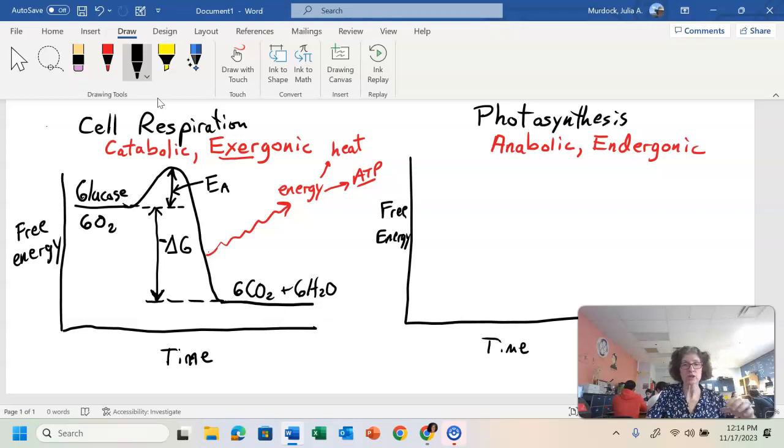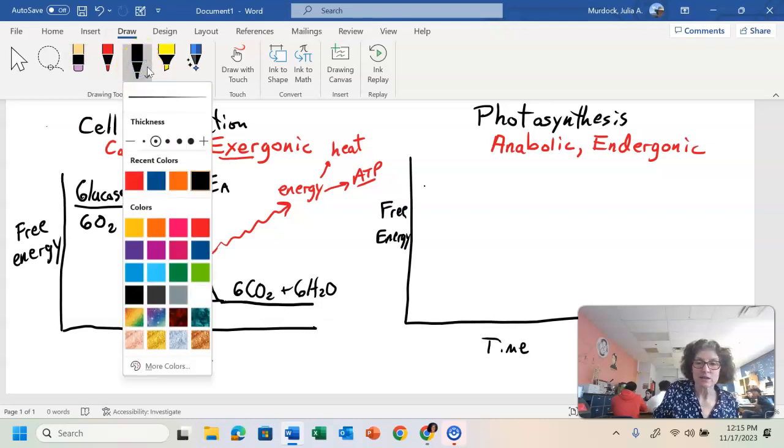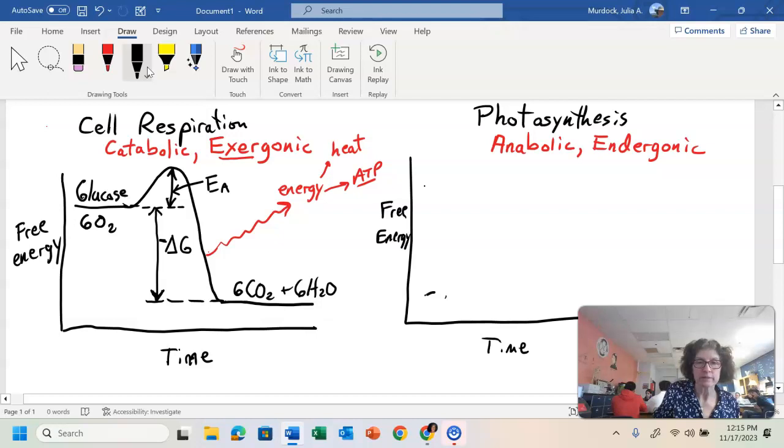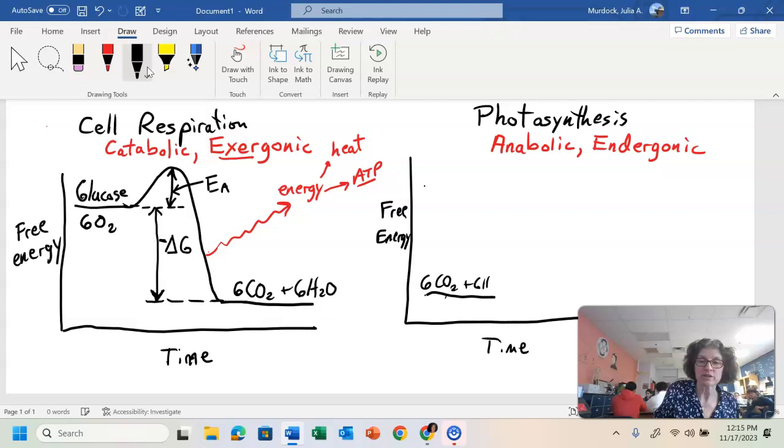Okay. Now I'm going to move over here to photosynthesis. Photosynthesis is the opposite reaction. So now your reactants are starting down here, because your 6 carbon dioxides and your 6 waters have less energy than your products.